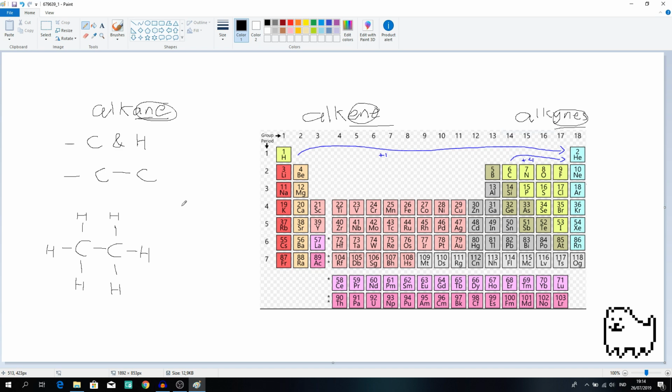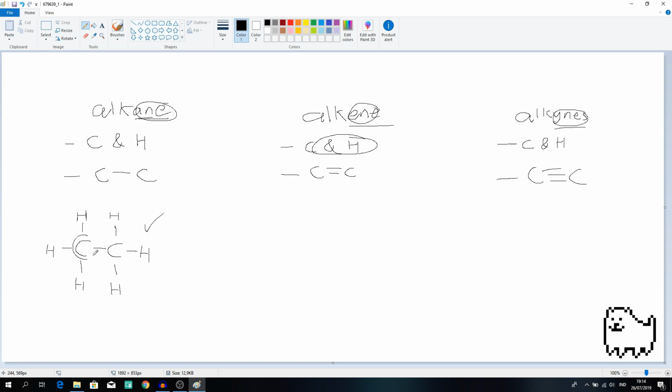You can find this out if you look at the periodic table and see how many more electrons the carbon and the hydrogen need to reach the octet, or basically the rightmost part of the periodic table. So carbon 4 times, hydrogen once, and everything is satisfied. This thing is made up of carbon, it's made up of hydrogen, and it's a single bond.